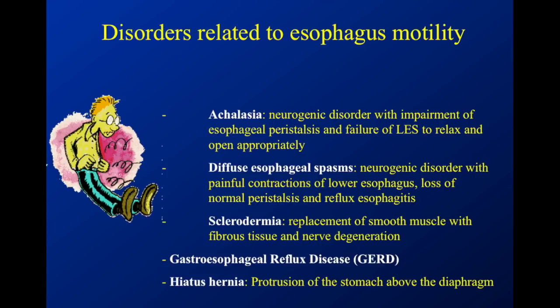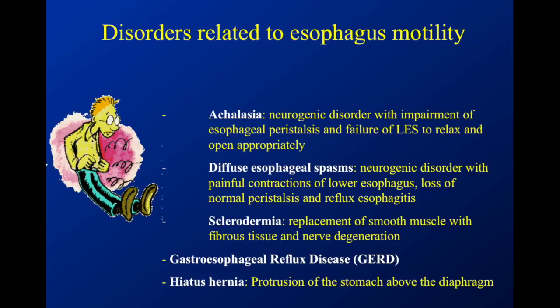So achalasia is a neurogenic disorder with impairment of the esophageal peristalsis, and the LES contracts and then doesn't relax properly. This causes a high pressure blockage that the food bolus is unable to get through, and you get food stuck in the esophagus, and that can lead to distension and problems with peristalsis, pain, etc.